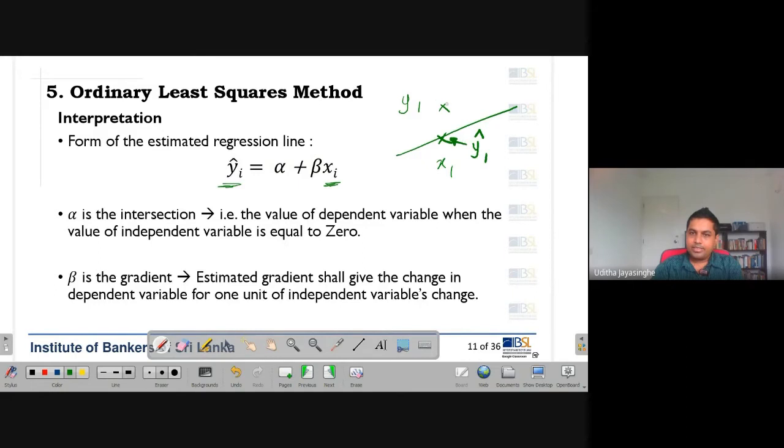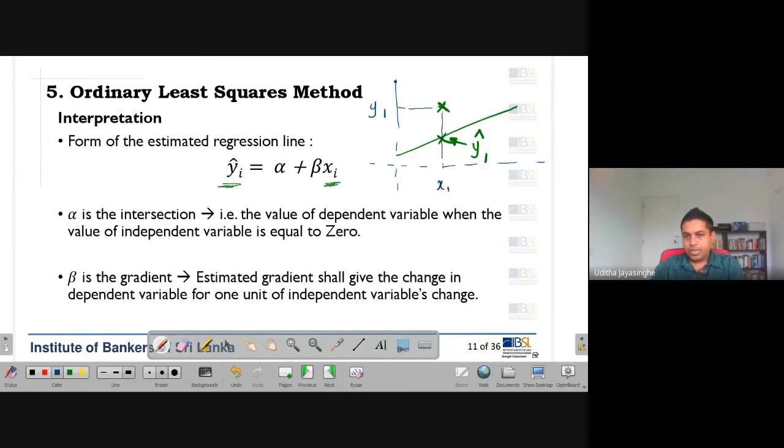This is the actual point. Let me use a different color, otherwise you can get confused. This is the y1 and this is the x1.